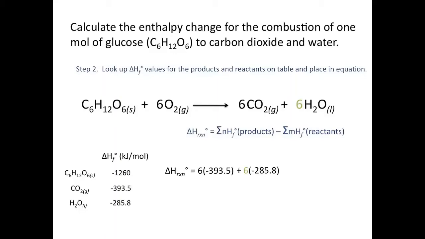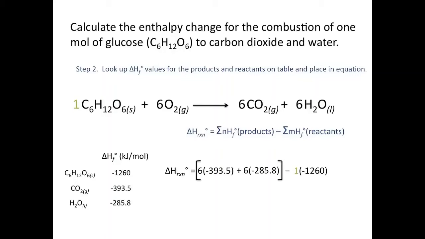So I take 6, which is the coefficient in front of H2O, and multiply that by the enthalpy of formation value for water in its liquid form, which is negative 285.8 kilojoules per mole. This is the sum of the enthalpy of formation values for the products multiplied by their respective coefficients. I then subtract the values for the reactants.